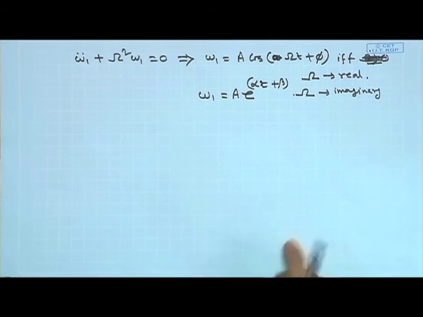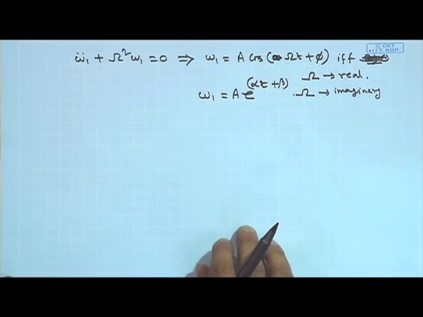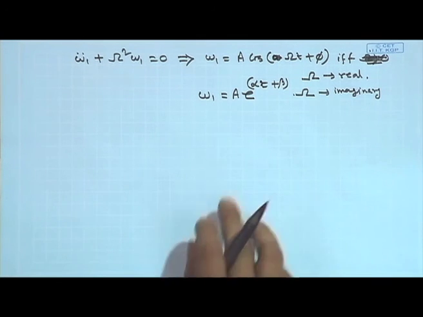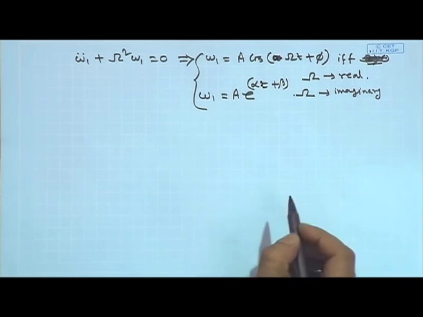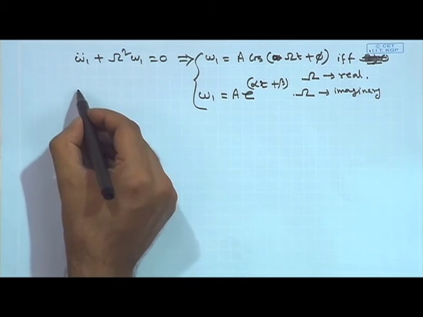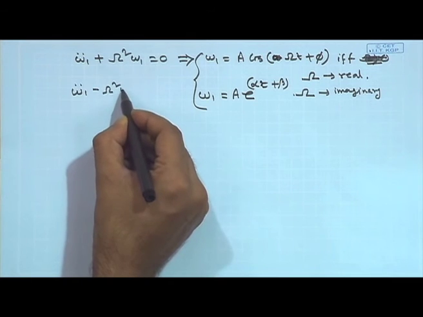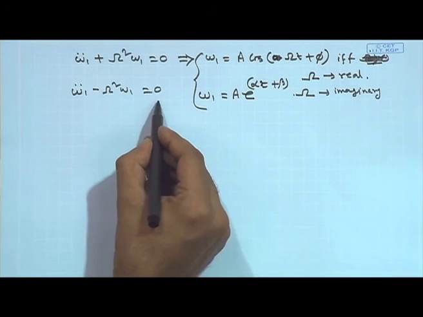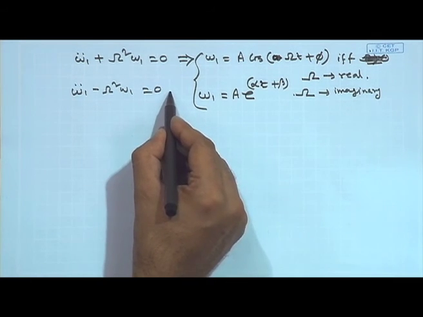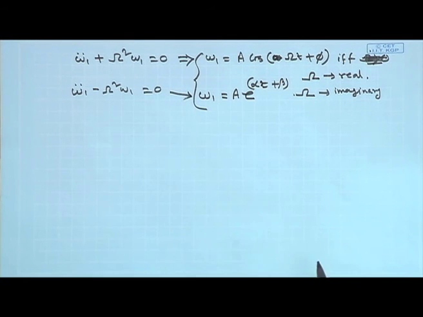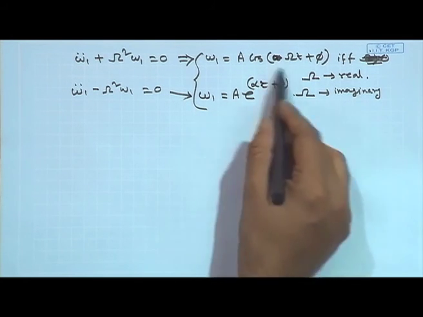So keeping these two things in mind, if we have an equation of the form omega 1 double dot minus omega square omega 1 equal to 0, that will give you an exponential solution.